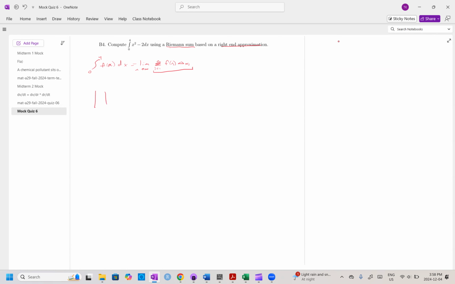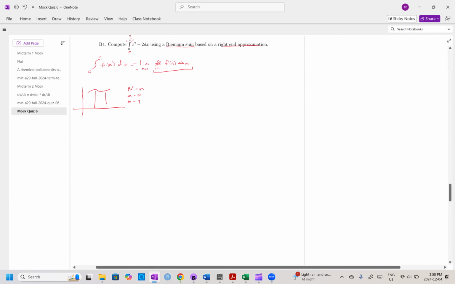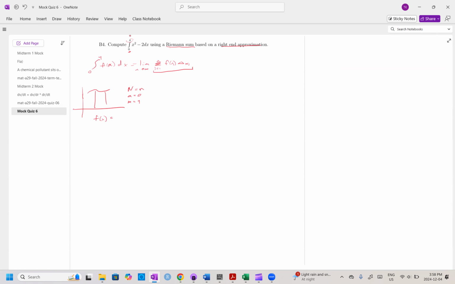Now, I like to use this type of setup. We have n equals little n, a equals 0 from our expression, b equals 4 again from our expression, f of x equals x squared minus 2.